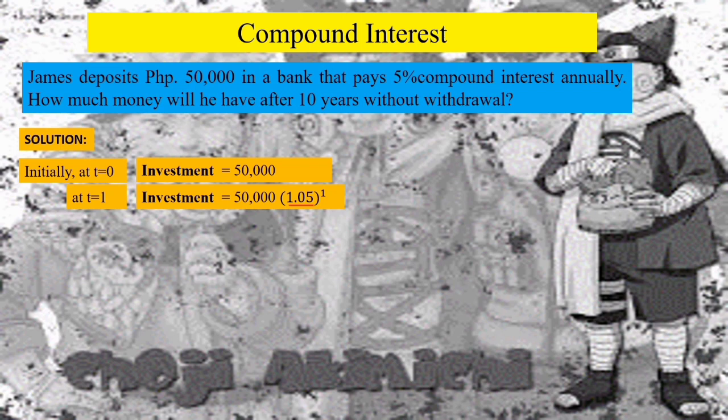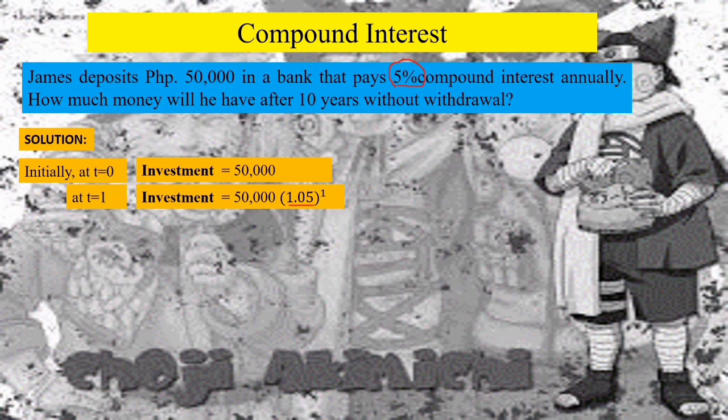Nakuha natin ito dun sa kung magkano yung interest niya. So, 5% interest, compound interest. So, your 5% interest is 0.05. Pero, bakit meron siyang 1?